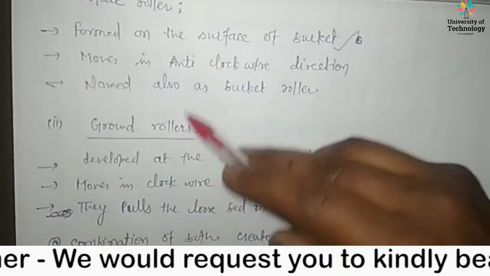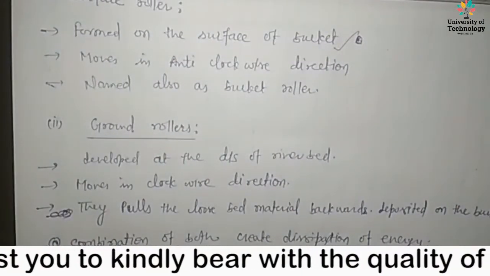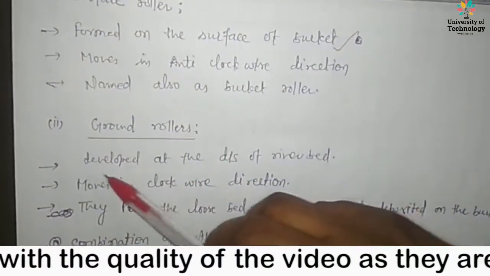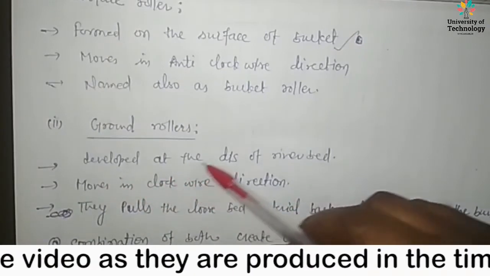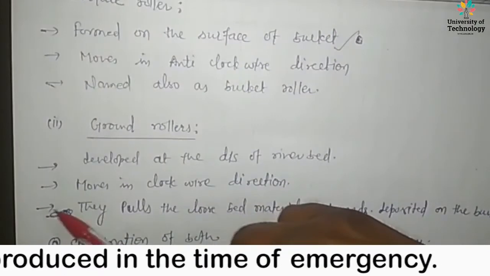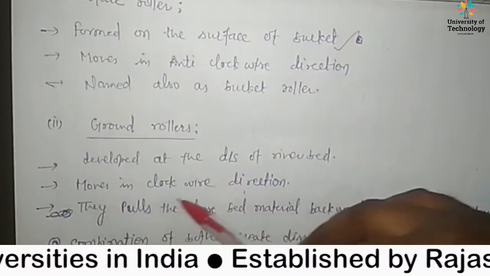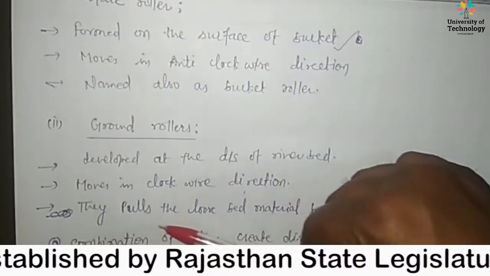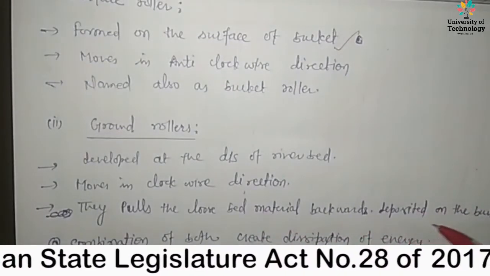Second is the ground roller. Both of these are parts of a solid roller bucket. Important points about this: it is developed at the downstream of the river bed. Second point is it moves in clockwise direction, opposite to the surface roller. It pulls the loose bed material backward and deposits it on the bucket.